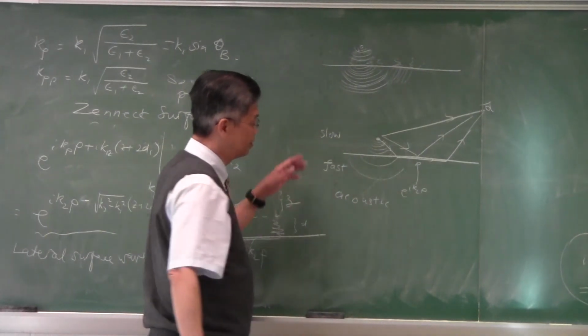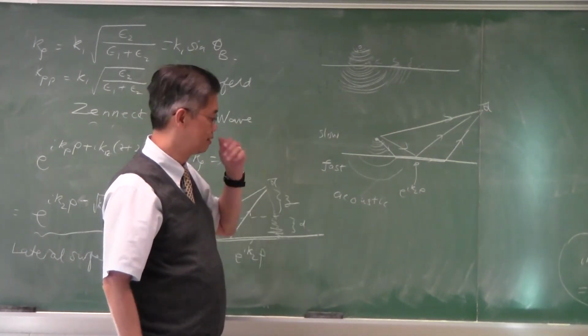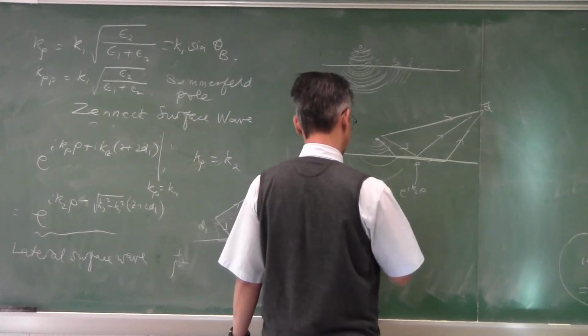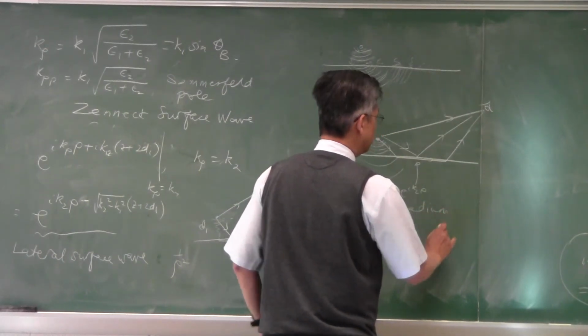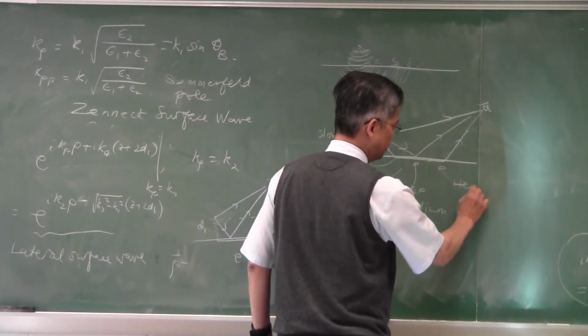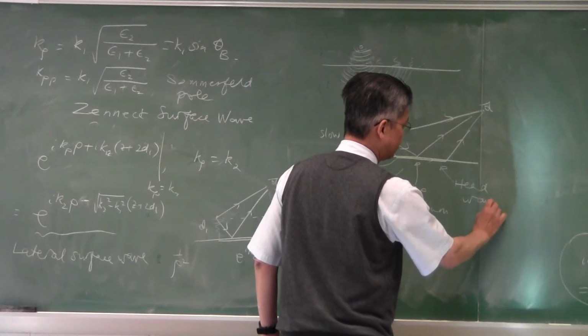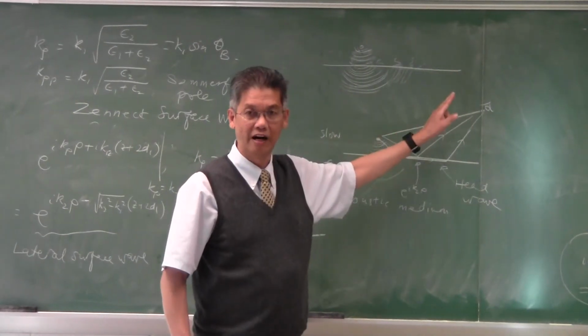It also occurs in electromagnetics. This is optically less dense, this is optically more dense, but in acoustics it's more frequent. Okay, it turns out that this is called a head wave because you can arrive first. This is slow, but this one can be fast.